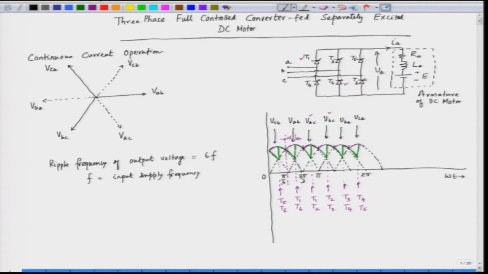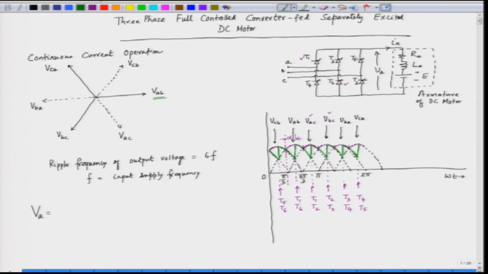Now, we have to find out the average output voltage. When we find the average output voltage, that is VA, what do we have to do? We have to integrate from, let us say, pi by 3 plus alpha. If we assume that VAB is our reference, the angle starts from 0 here. So, this is our reference in this case.